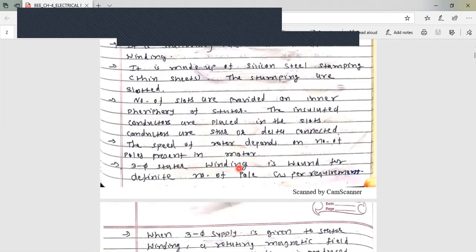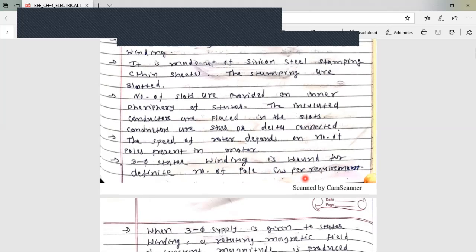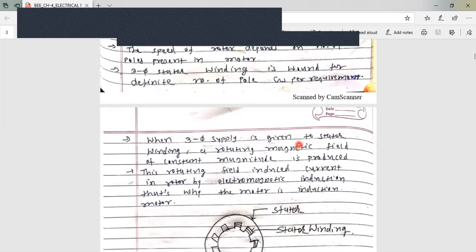A three-phase stator winding is wound for a definite number of poles as per requirement. So we have the stator poles and windings inserted in it, but this winding depends on the number of poles as per requirement. These two sentences are very important.